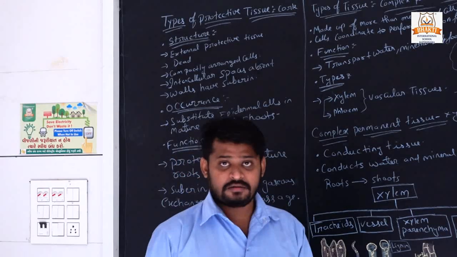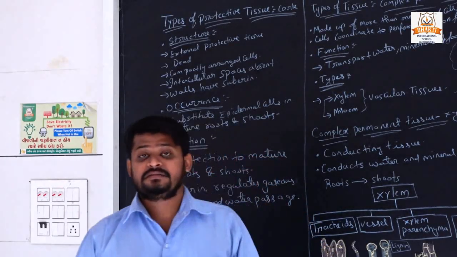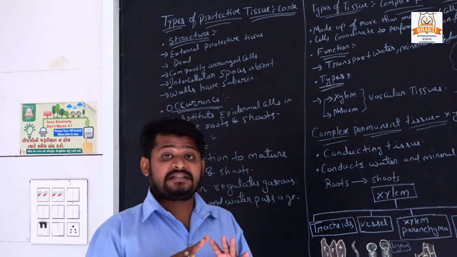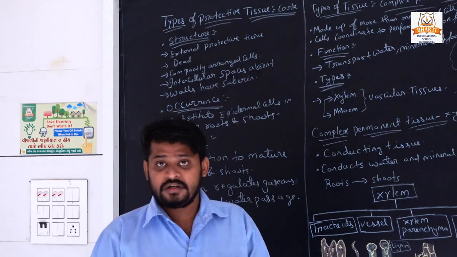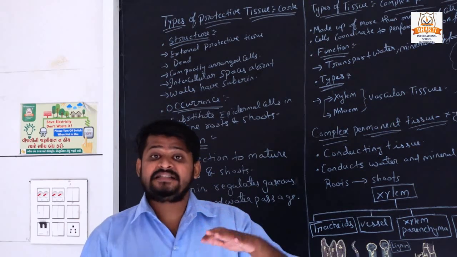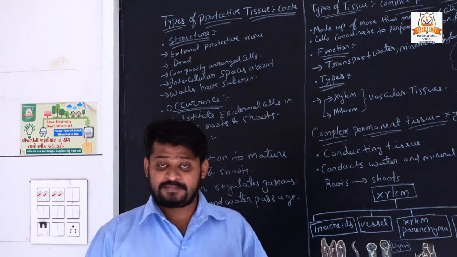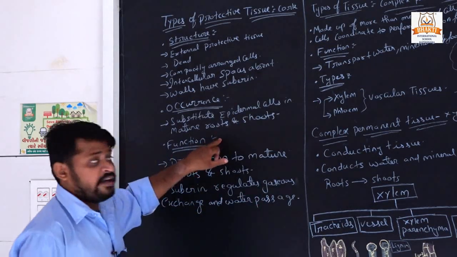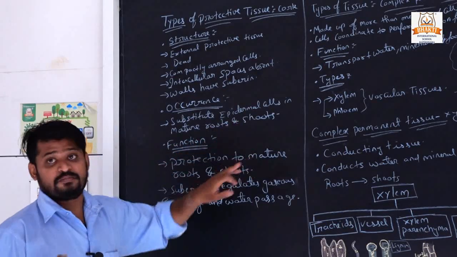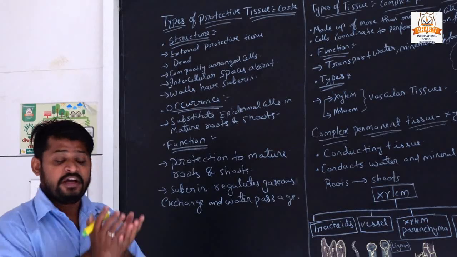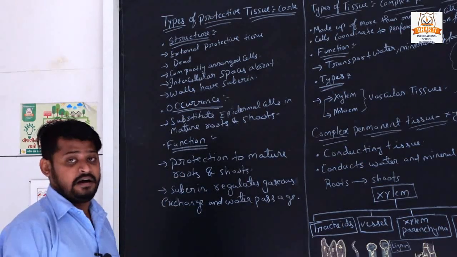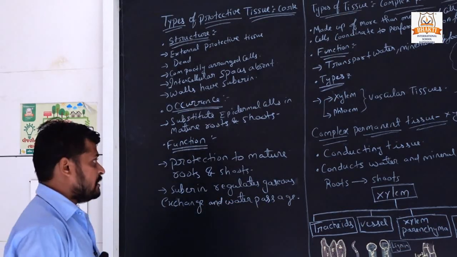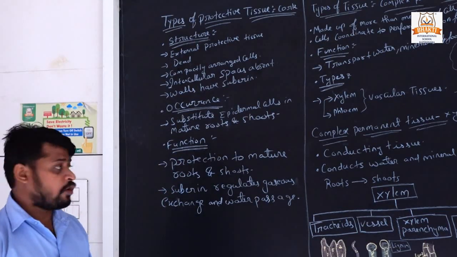When plants are small, epidermal cells are present, but after some time, when the plant parts have matured, the cork cells replace the epidermis cells and take the place of the epidermis in mature roots and shoots. What is the function of the cork cell?